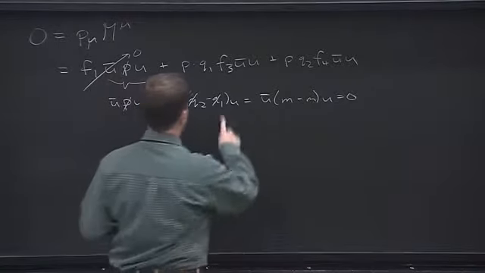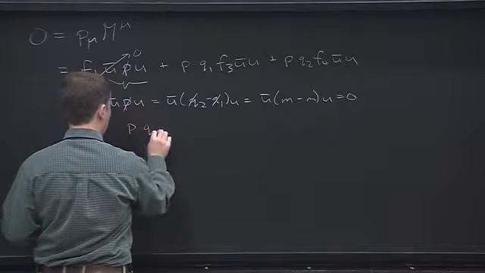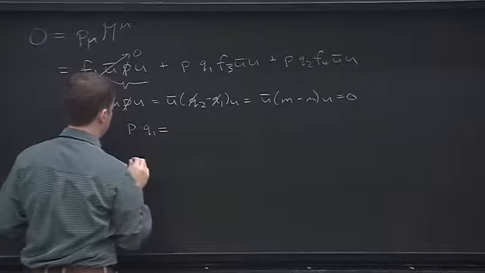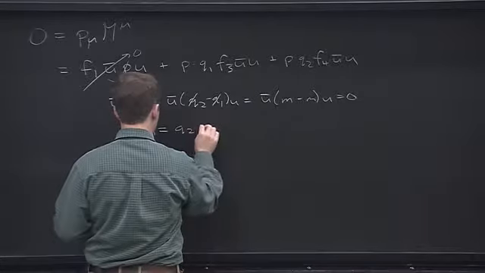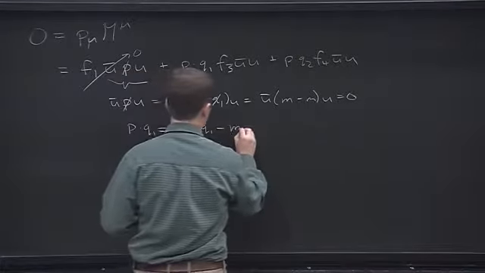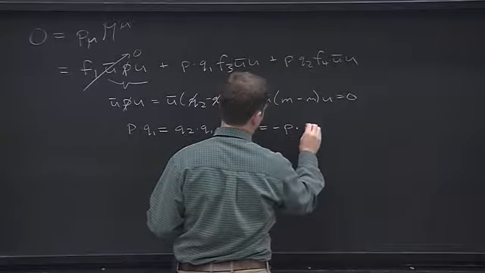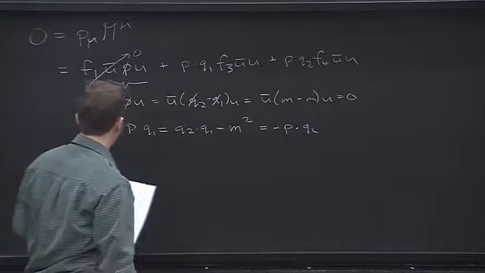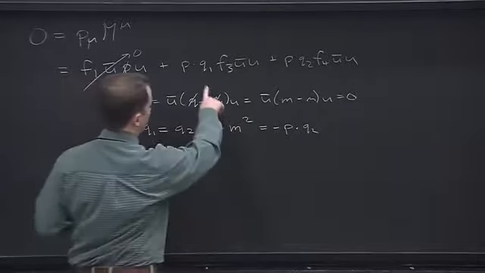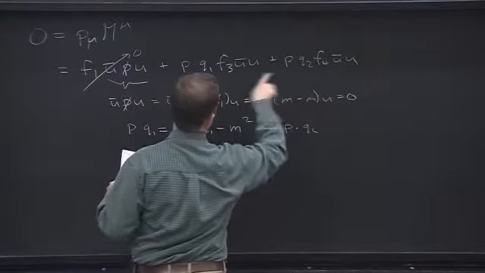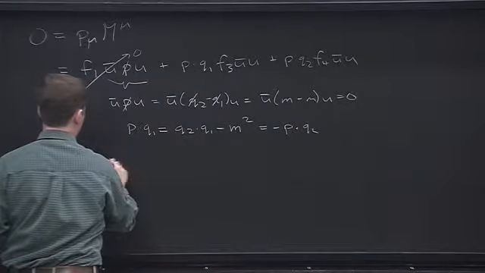We can simplify these terms using, again, momentum conservation. P dot Q1 is Q2 dot Q1 minus Q1 squared, which is M squared. And that's precisely the opposite of what we get if we multiply P dot Q2. So if we use this, then we see that the coefficients of these two terms are opposite. So F3 is F4.